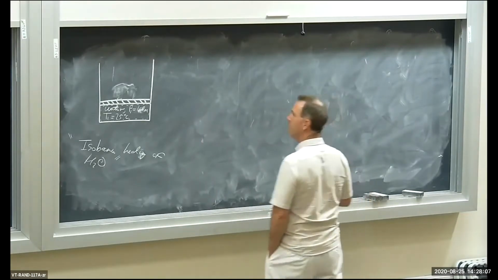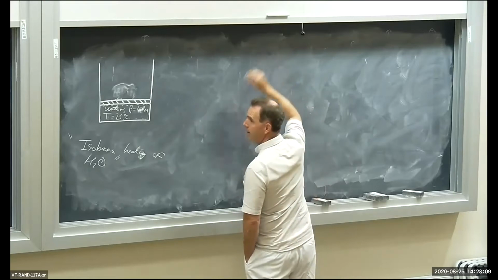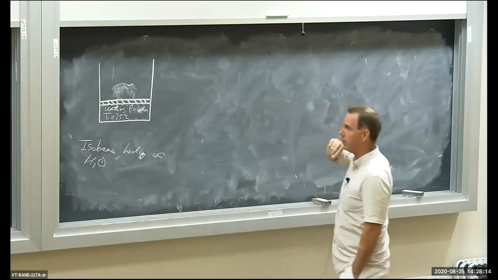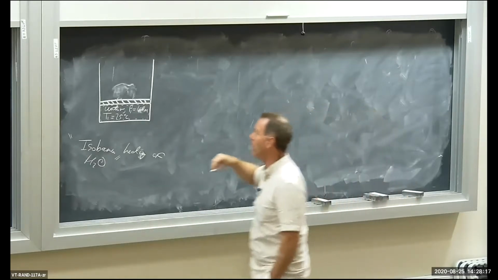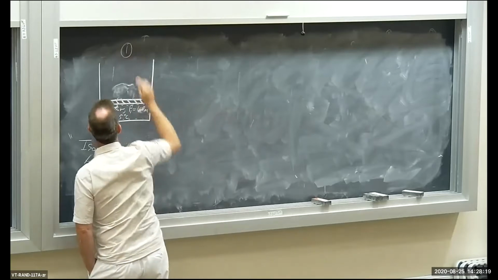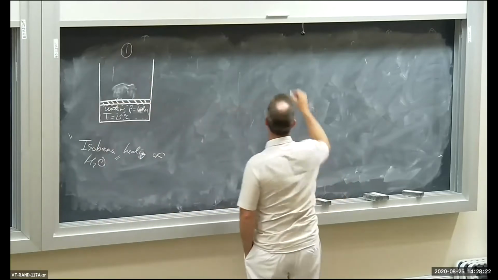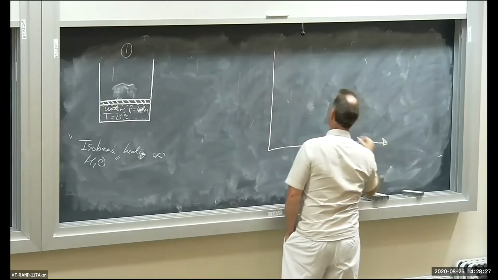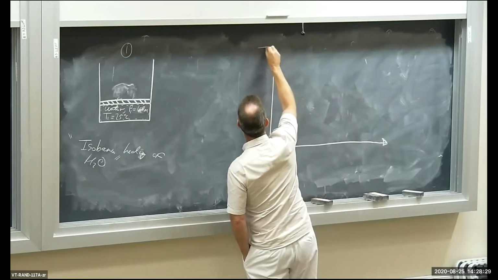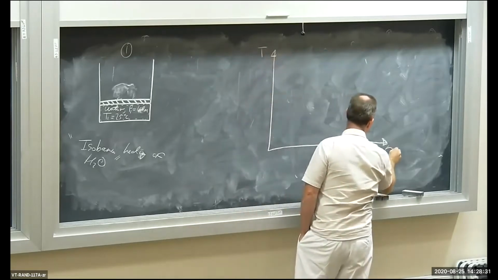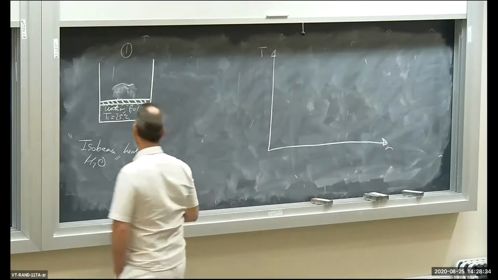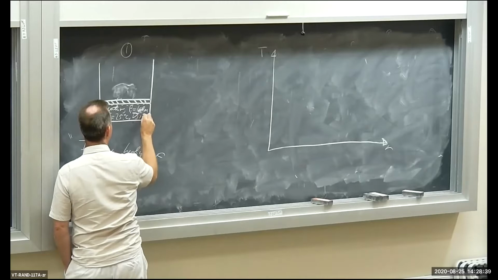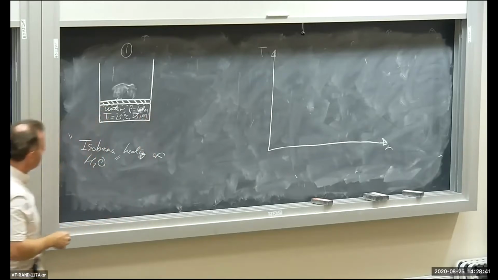Now over here, how do I want to do this? Two boards, hard to do, looking one board at a time. So this is state 1. I'm going to put up a temperature, specific volume plot. So this thing originally has some volume V1 and a certain amount of mass inside.